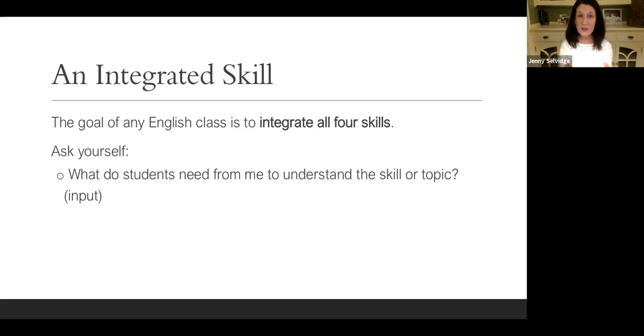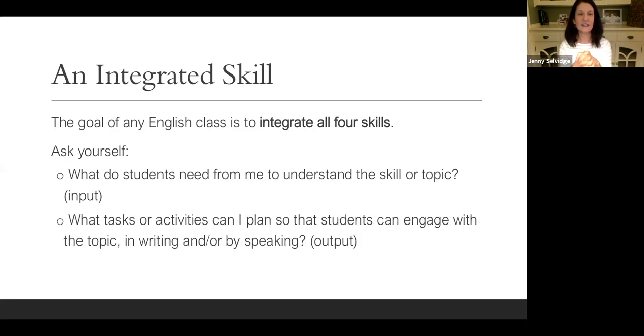It depends on who is sitting in front of you. And so first ask yourself, what do they need from me? And then ask yourself, next, what tasks can I plan? Can I create opportunities for students to engage in the topic in writing and in speaking? So those output activities. So ask yourself those things.